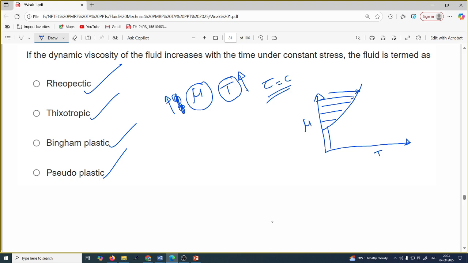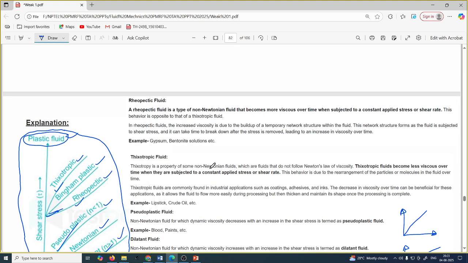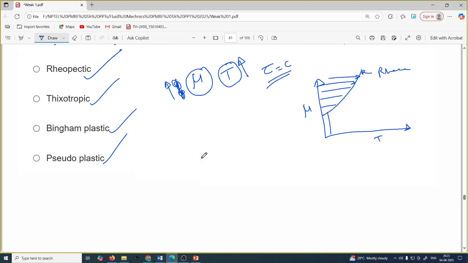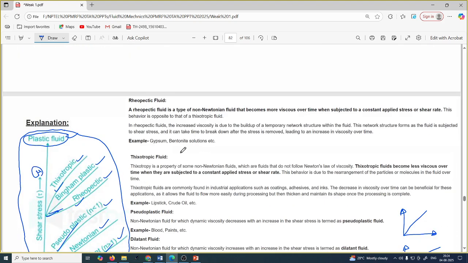Mu increases as time increases. Such a fluid is known as rheopectic. Remember always, it is not tau. I can guess why it is given: because tau is related to mu, but time should also be there. No issue, but remember.